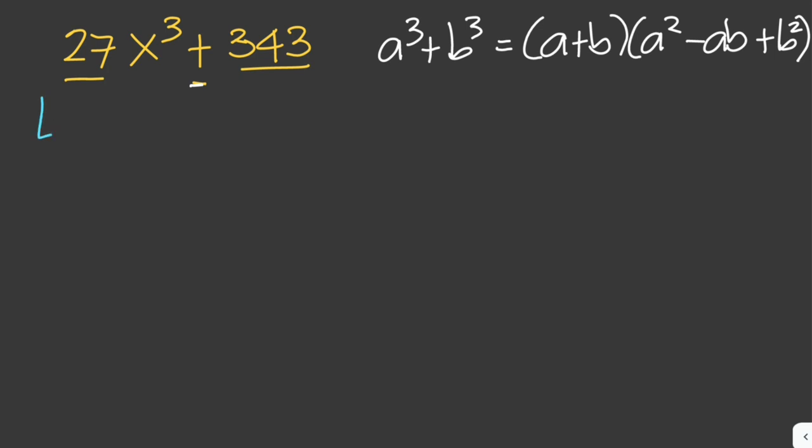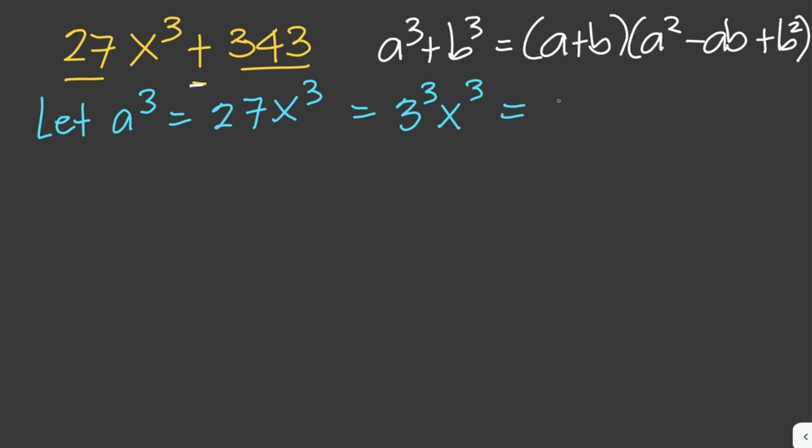Okay, we let a cubed be 27x cubed, and 27 is a perfect cube. We can write this as 3 cubed, and then we have x cubed, and we can further write this as (3x) cubed.